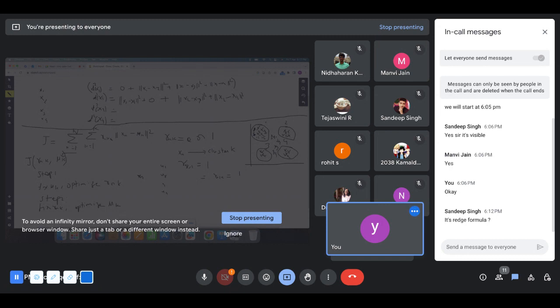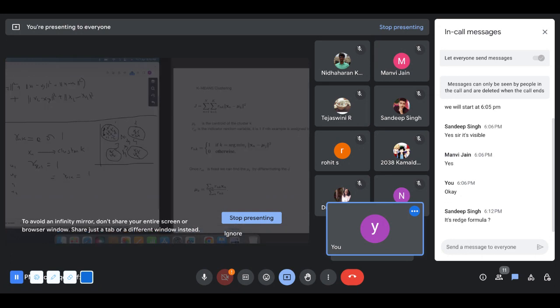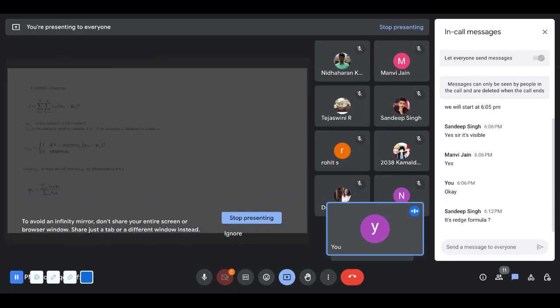In step two, each mu_k doesn't depend on mu1 or mu2, so you simply optimize mu_k. It is nothing but a quadratic, right? If you differentiate with respect to mu_k, this is what you get. Why do we call it K-means?